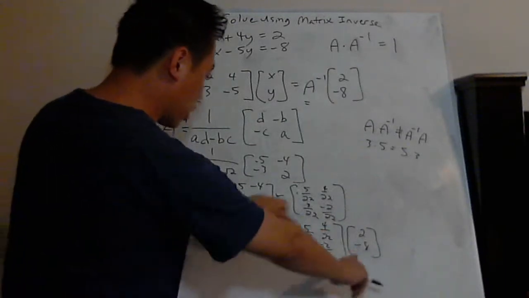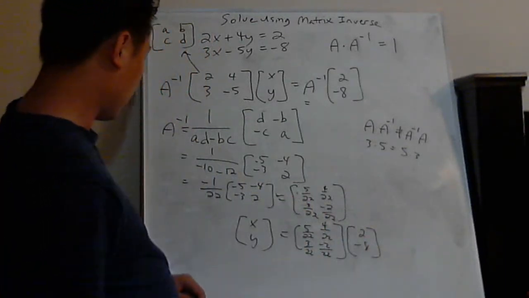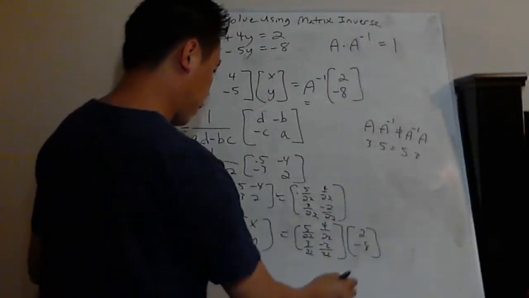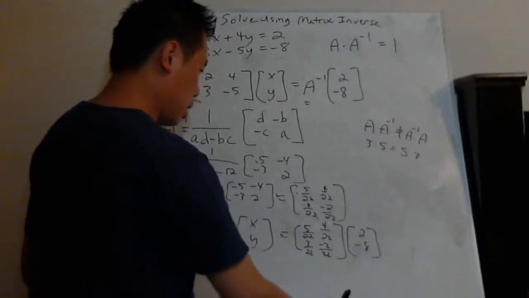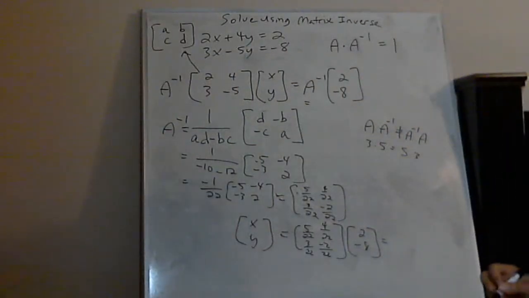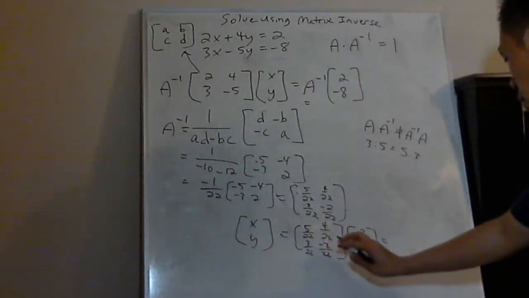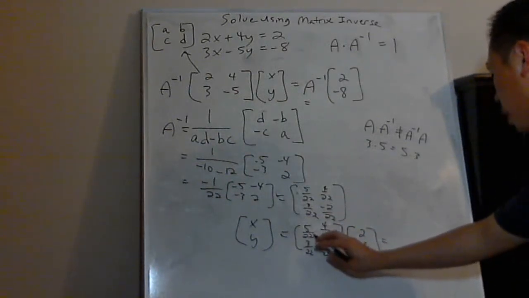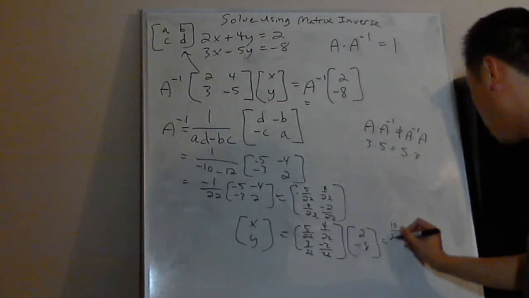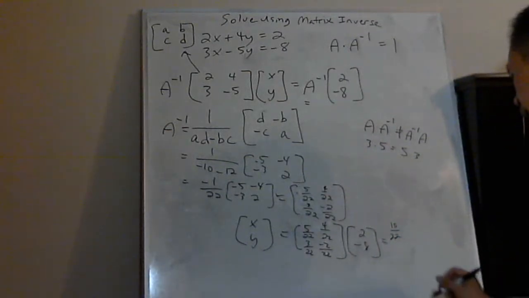So now I multiply the two matrices, and let's do it over here where there's enough room. 5/22 times that, we get 10/22.